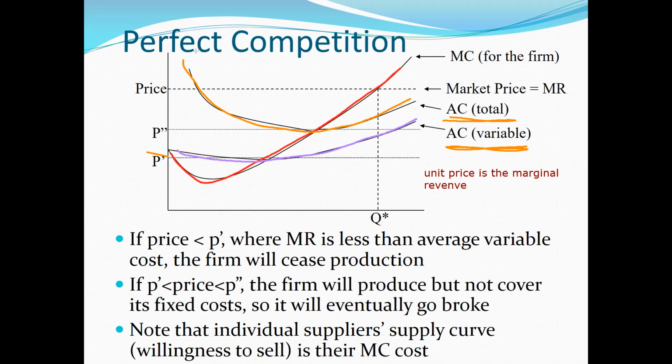Right? So if price is less than P prime, then the firm will cease production.